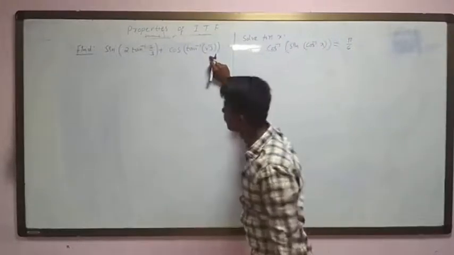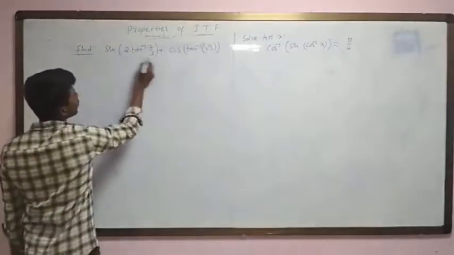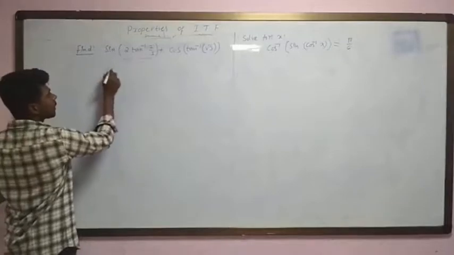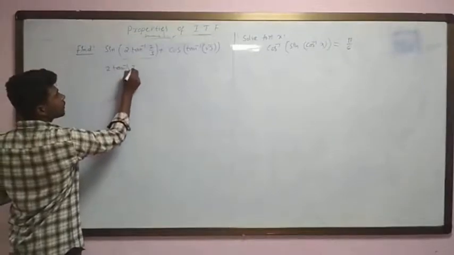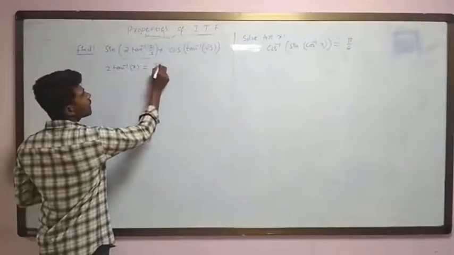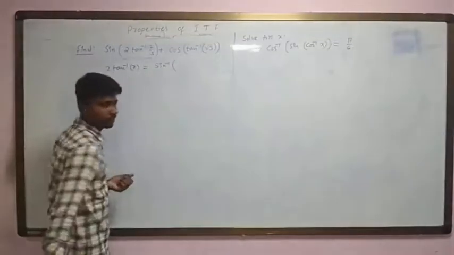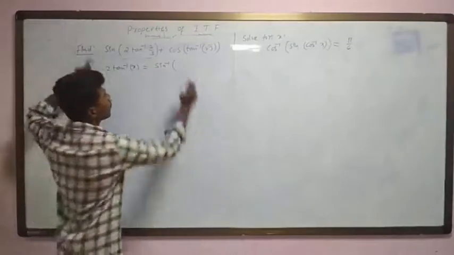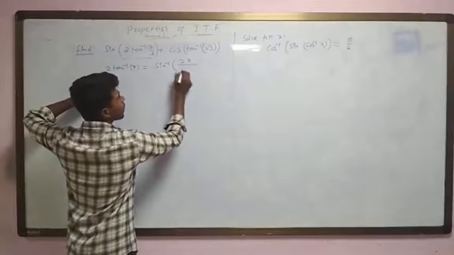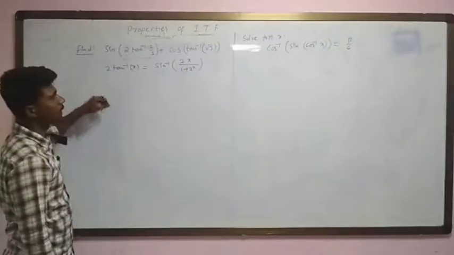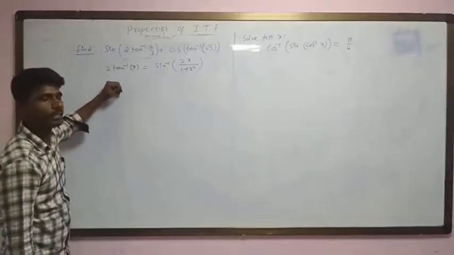Let me solve this. 2 tan inverse x can be written as sine inverse of 2x by 1 plus x square.